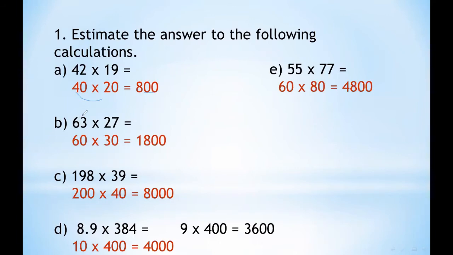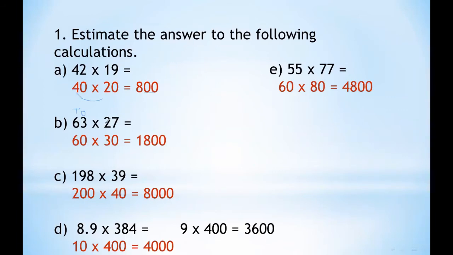Same thing here. First you check till what place value is given. So this is ones and the highest place value is the tens place value. So you have to round off this number to the nearest tens. So 63 is nearest to 60. And same thing here also, ones, tens.